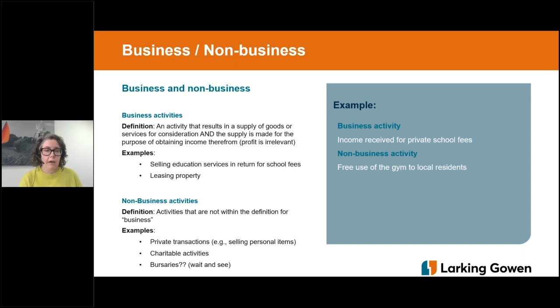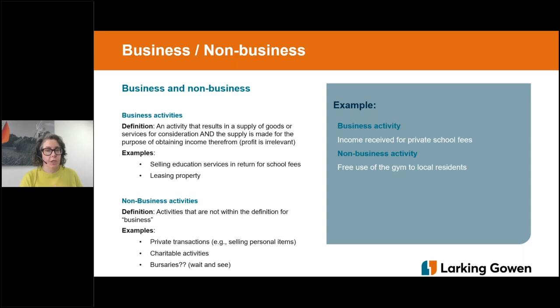There's been lots of developments trying to define the concept of business through the courts over recent years, but the current position that we've got, and the HMRC guidance reflects this, is that we have a business activity where we result in the supply of goods or services for consideration, and the supply is made for the purpose of obtaining income therefrom. So note, we're looking to obtain income.